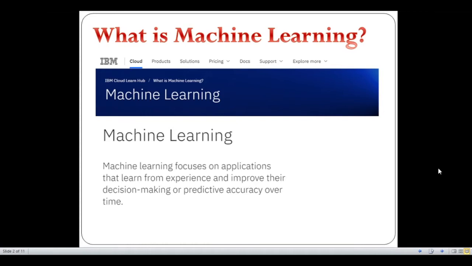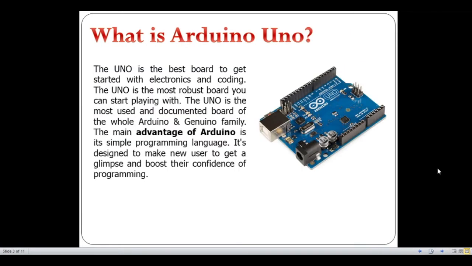So, what is the Arduino board, or what is the Arduino? Arduino Uno, or the picture that is displayed, is the best board to get started with electronics and coding. The Uno is the most robust board you can start playing with. Uno is also the most used and documented board in the whole Arduino and Genuino family.